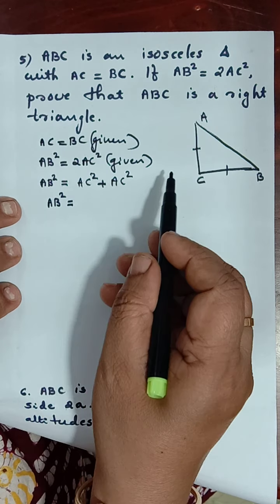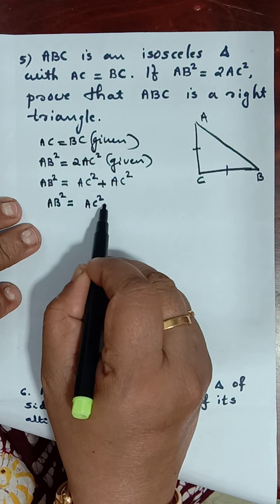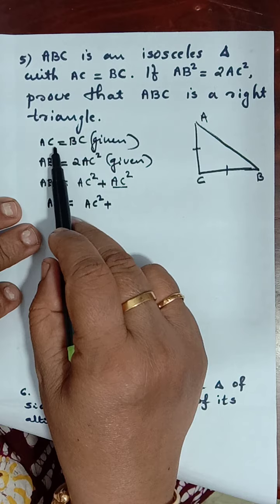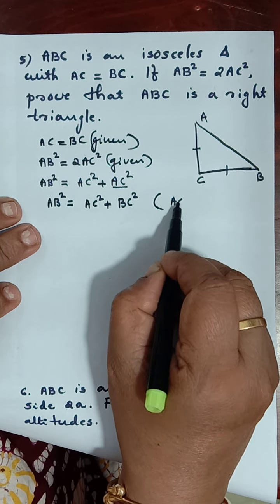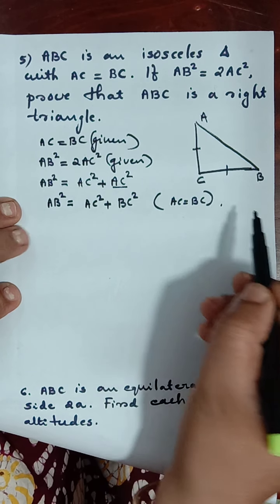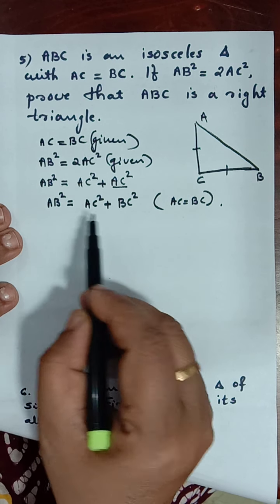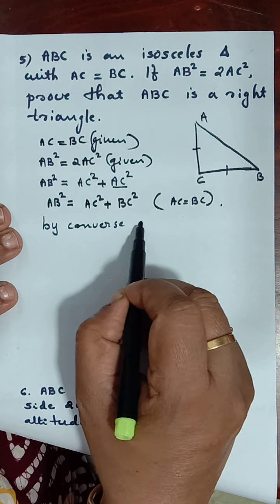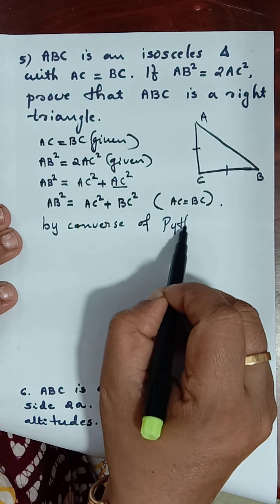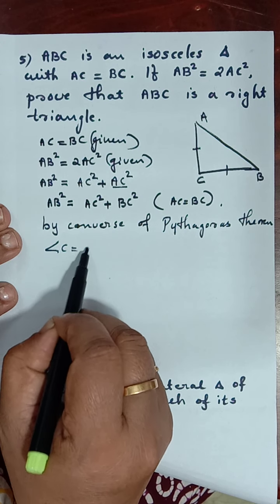Then only we will be using Pythagoras theorem and its converse. So AC square plus, instead of this AC square, I will write it as BC square. The reason is AC equal to BC. Therefore, if AB square is equal to AC square plus BC square, by converse of Pythagoras theorem, we can say that angle C is equal to 90 degree.